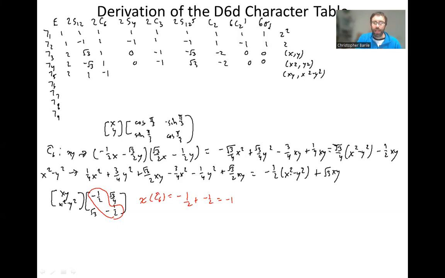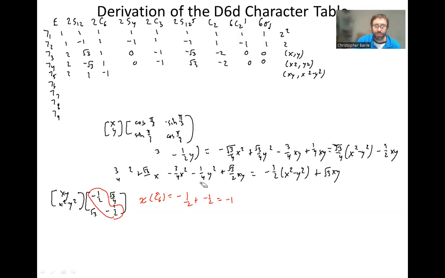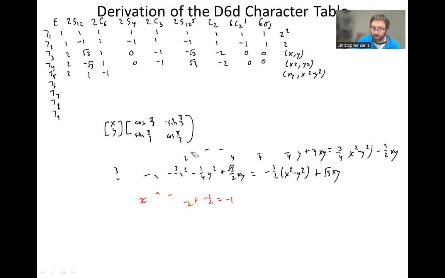For S4 is going to be a little bit simpler. We can go ahead and erase most of this. I'll keep the rotation matrix because we're going to need that later. But for S4, it's a 90-degree rotation, so we don't have to use trigonometry if we don't want to.